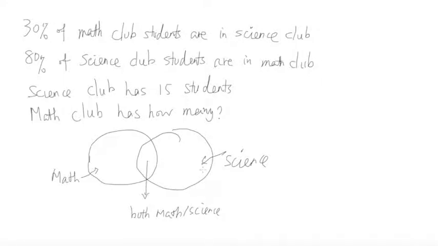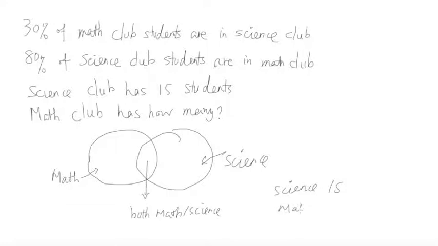Well, you can figure this out quite simply because we know the number is some fraction of 15, since we have 15 students in the science club. And most of them are also in math club. How many of them? 80% of them are also in the math club.